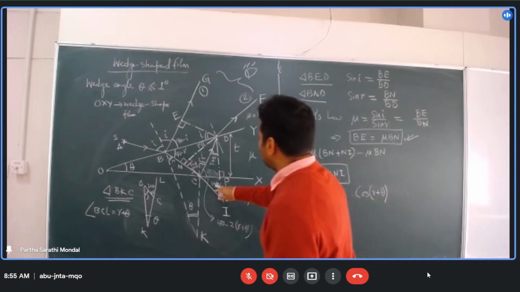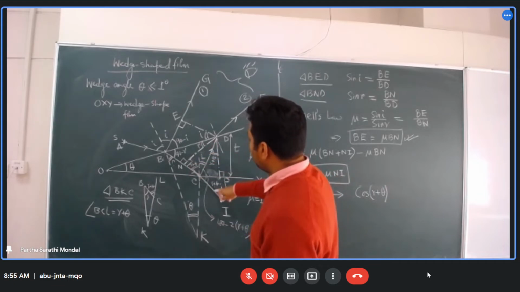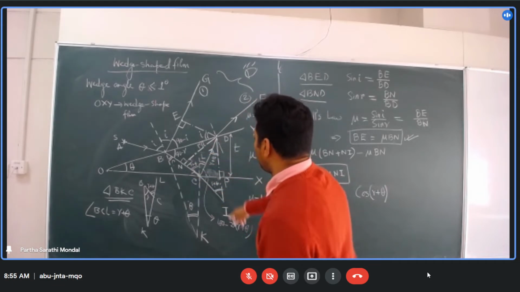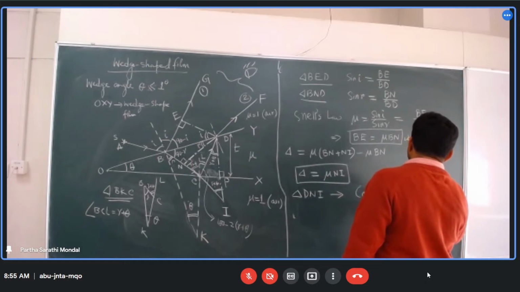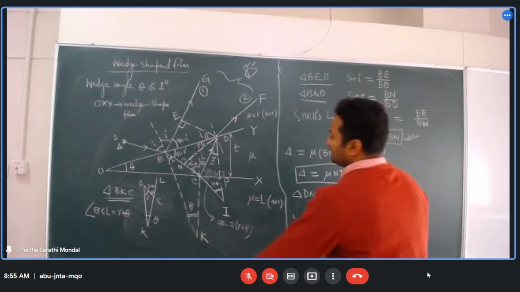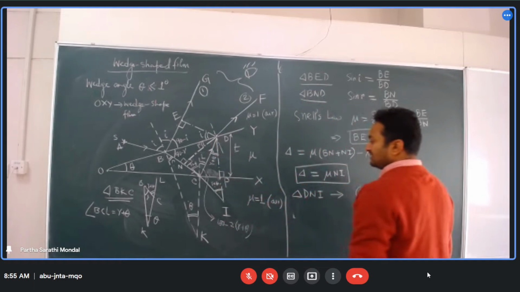This is r plus theta. In this triangle, this is the base and this is the hypotenuse, so it will become NI divided by the hypotenuse, which is DI.